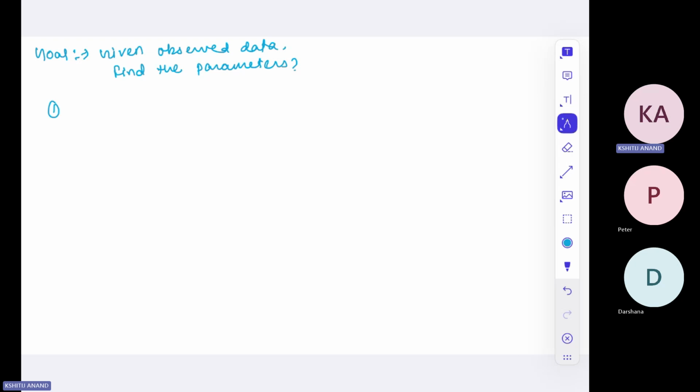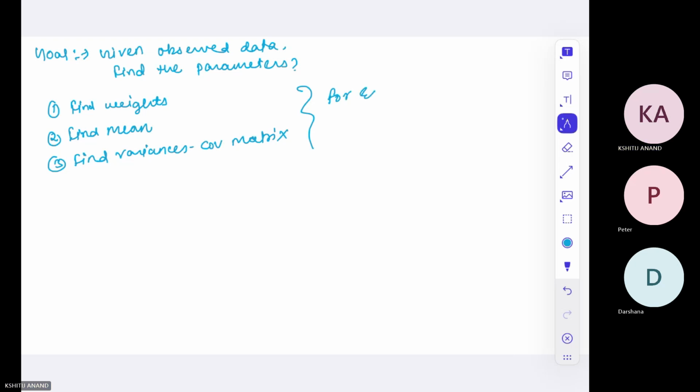Once you decide upon the components, you have to find the weights. Second, you have to find the mean. And third, you have to find the variance, the covariance matrix, of each component normal distribution. Okay, that's the goal.